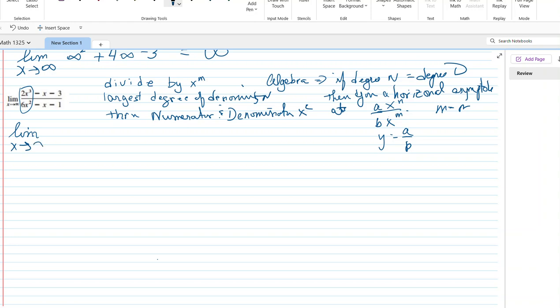All right. So we're taking the limit as x approaches infinity, and we're going to take the 2x squared and divide by x squared, minus x divided by x squared, minus 3 divided by x squared, all over the bottom: 6x squared divided by x squared, minus x divided by x squared, minus 1 over x squared. All right, so we're going to simplify.